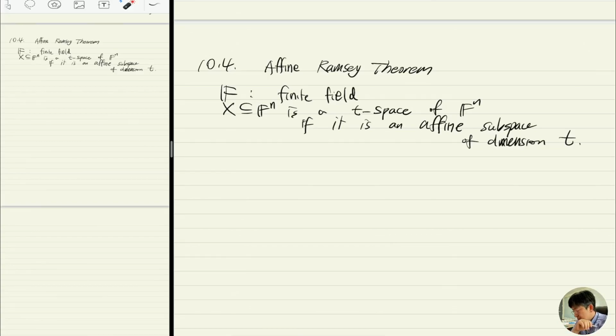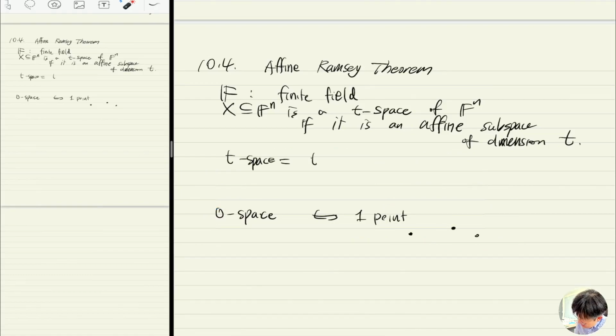All right. So for instance, 0-spaces are just single points. Let me say in other words, a t-space is a translate of a linear subspace of dimension t.